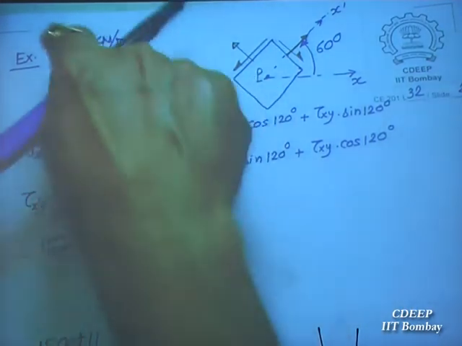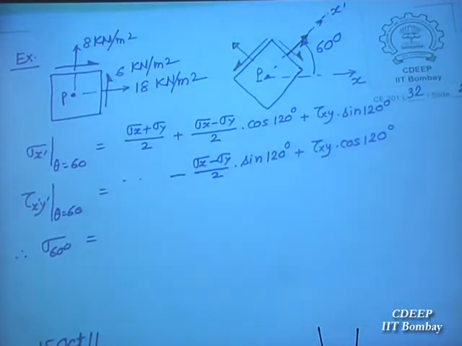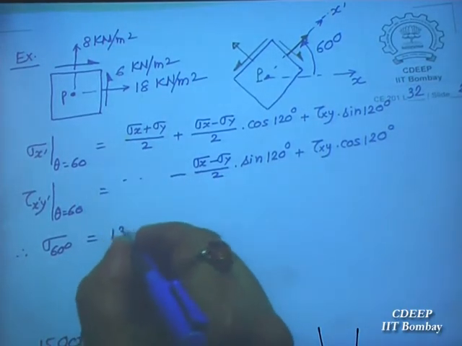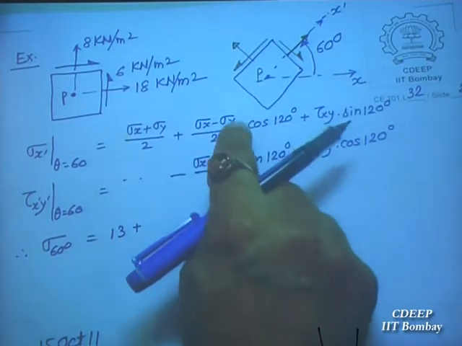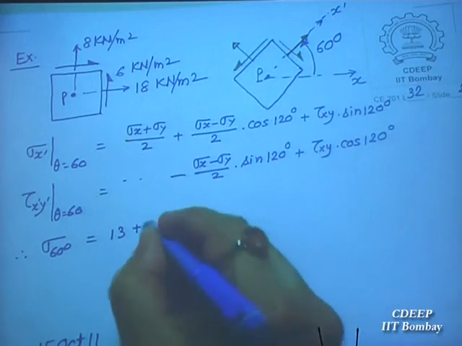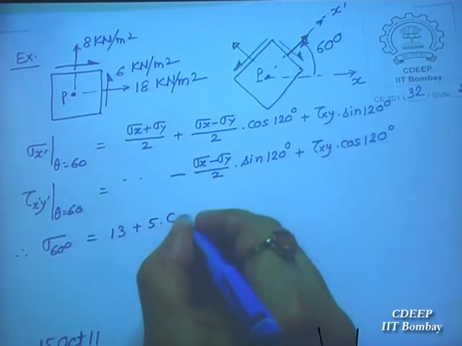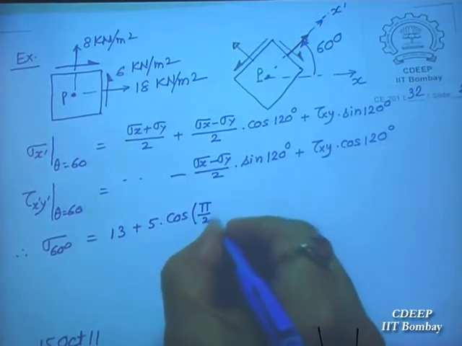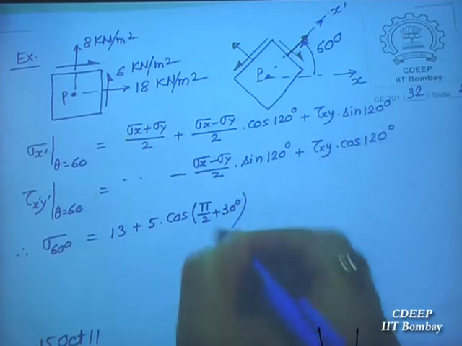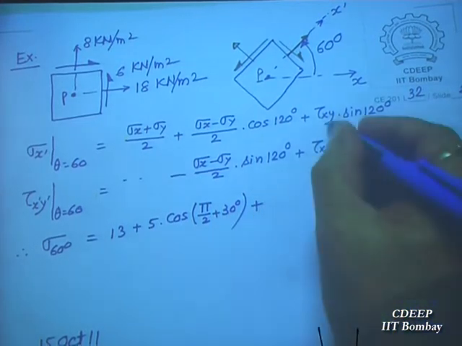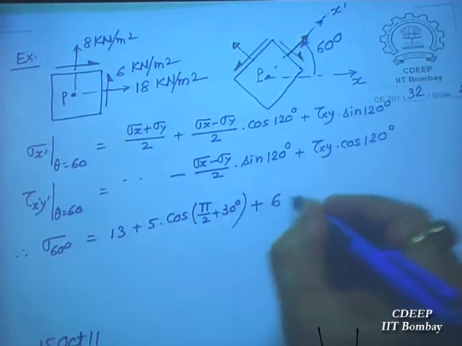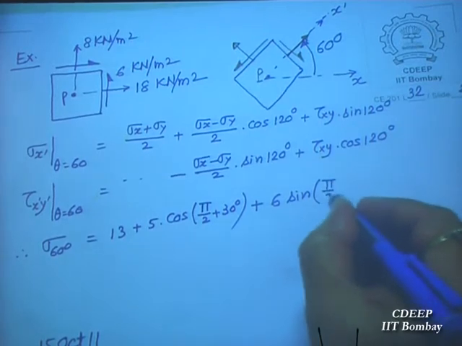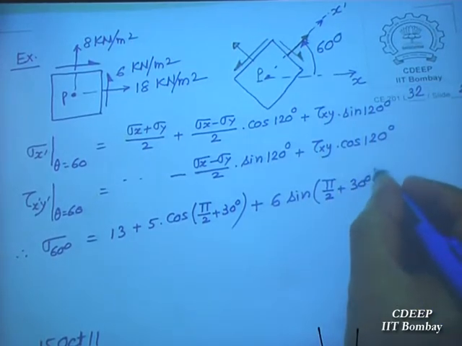How much is it? 18 plus 8 is 26, by 2 is 13. So it is 13 plus 18 minus 8, 10, divided by 2, 5, into cosine 90 plus 30. Plus tau xy, which is 6, into sine 90, that is pi by 2, plus 30 degrees. So please find out the values.